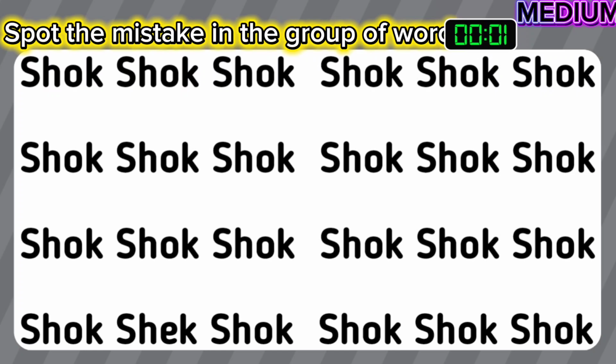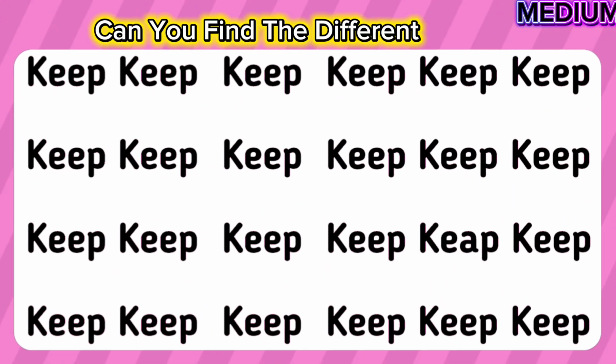The time is over. Wow, the mistake one is here. Hey genius, can you find the different word within given time? The time is over and the word is here.